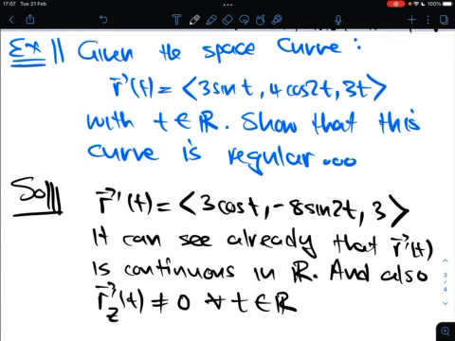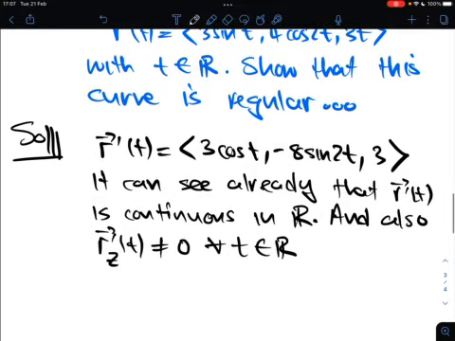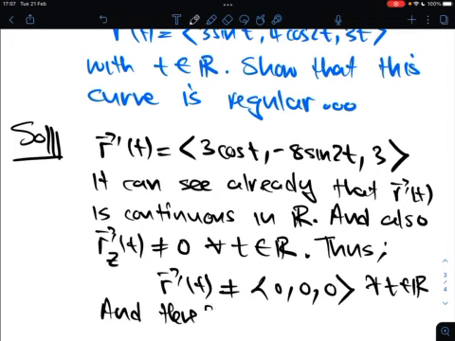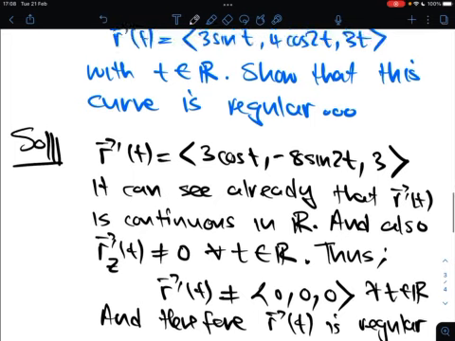So what conclusions can we make from that? Since this component can never be 0, it follows that r prime of t can never equal 0, 0, 0 for all t elements of real numbers. And therefore, from this, it follows that r of t is regular.